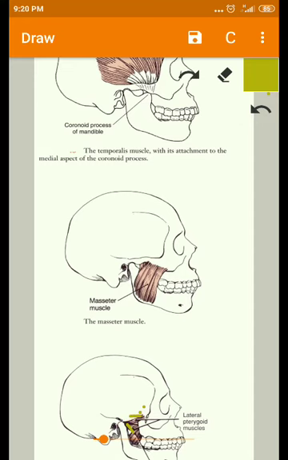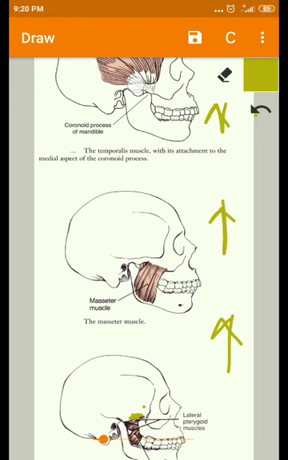Normally, only the superior part of the lateral pterygoid muscle is also active in mandibular elevation. So what are the muscles that help in mandibular elevation?